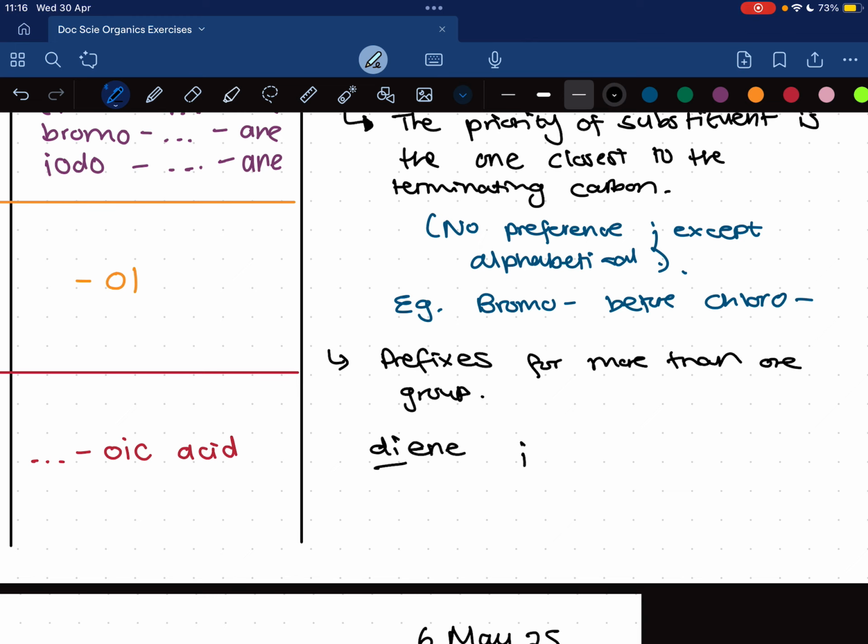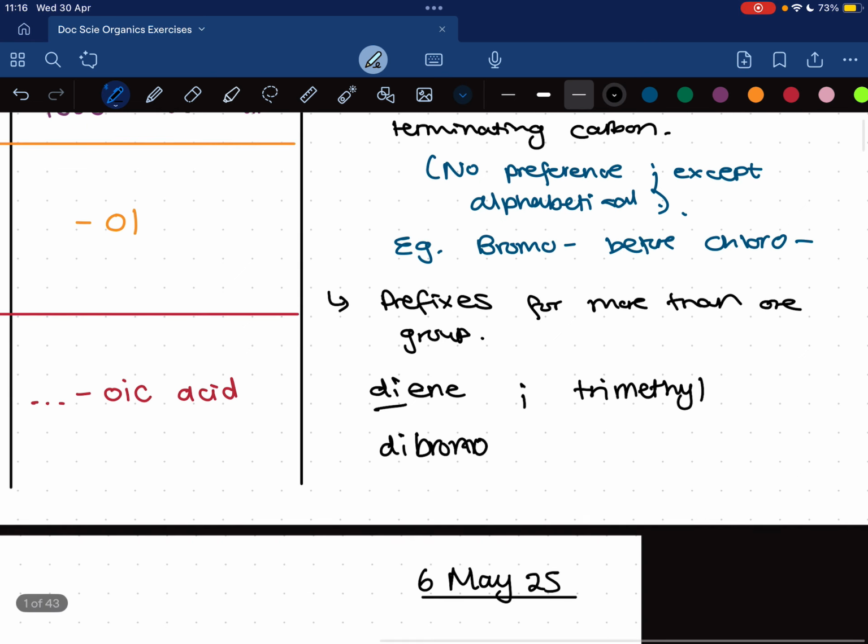Or if there are three methyl groups, you would say trimethyl. Or you would say dibromo if there were two bromines. Or diol if there are two hydroxyl groups in an alcohol.